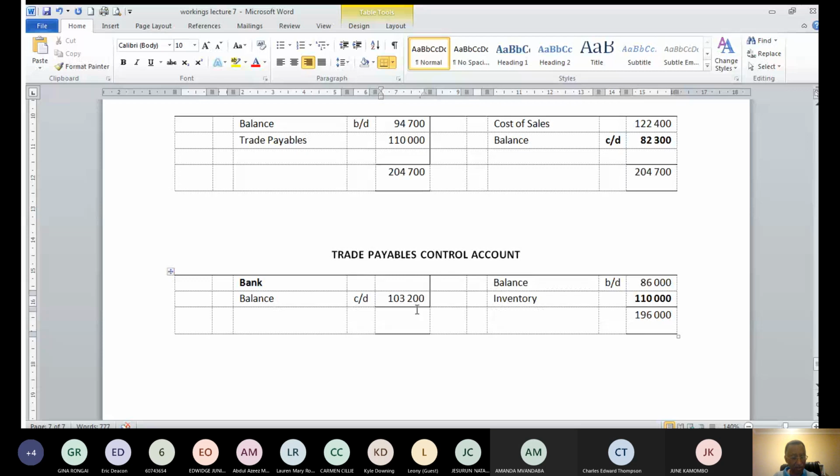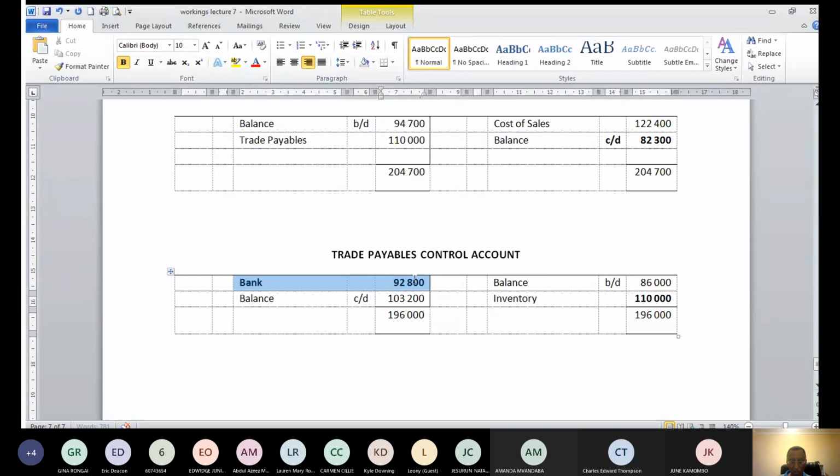And on the debit side, 196,000. Subtract now the 196,000 minus 103,200, and that will give you the amount of 92,800 Rand.